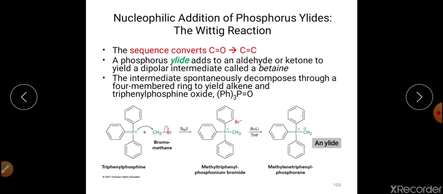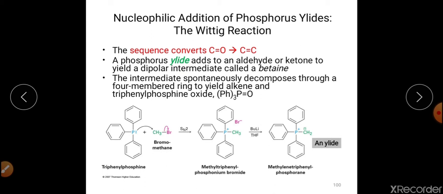Now after haloform reaction, if I am talking about the next one, that reaction is nucleophilic addition, and this nucleophilic addition is with phosphorus ylides.